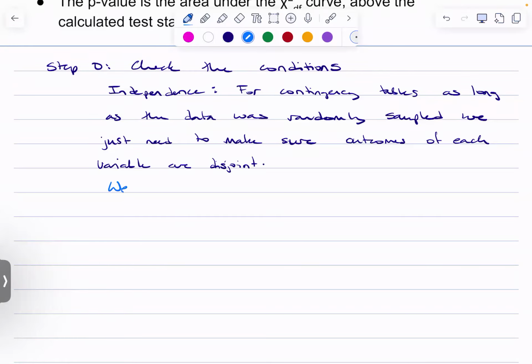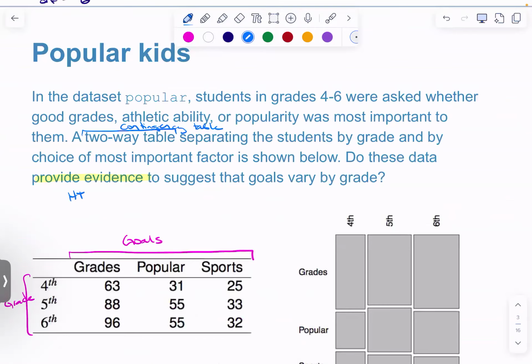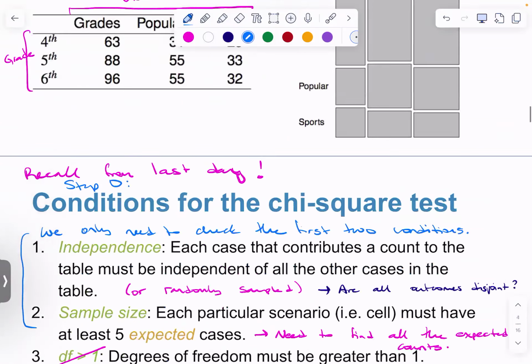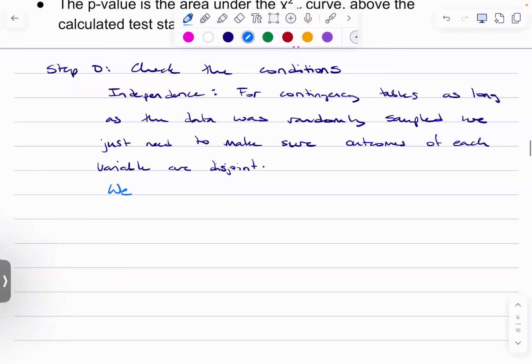In this example, I don't think it said it was a random sample. Students in grades 4 to 6? No, so then what do we do? We say, I can't do this problem. Save ourselves a ton of work. No, we assume it was randomly sampled.